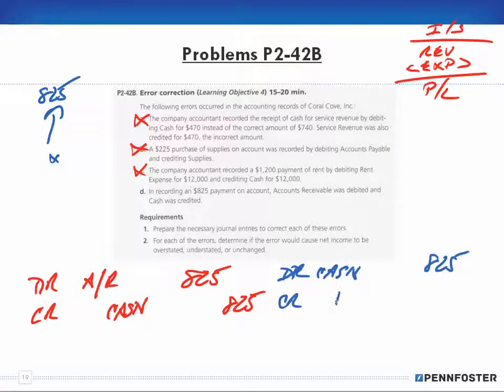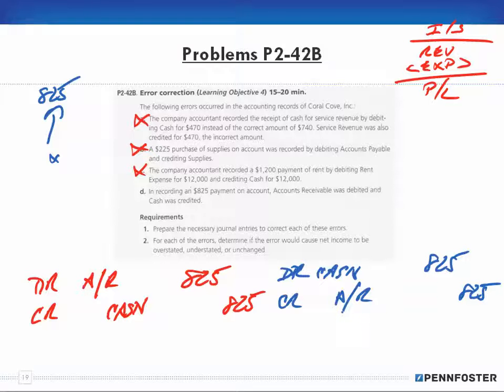I know it's on account, so I'm crediting my accounts receivable for 825. So that's the entry. That's the entry that I'm supposed to have.